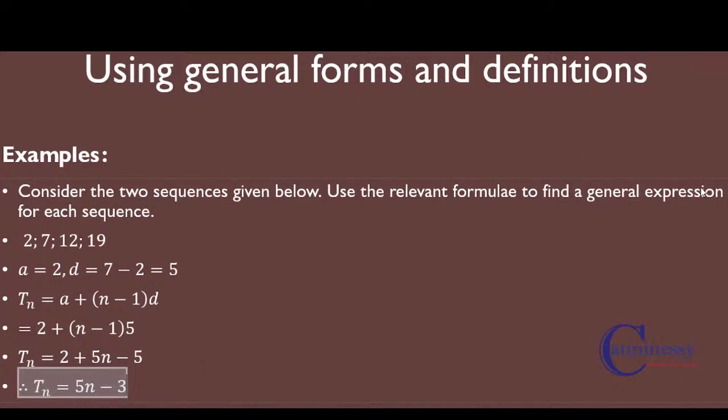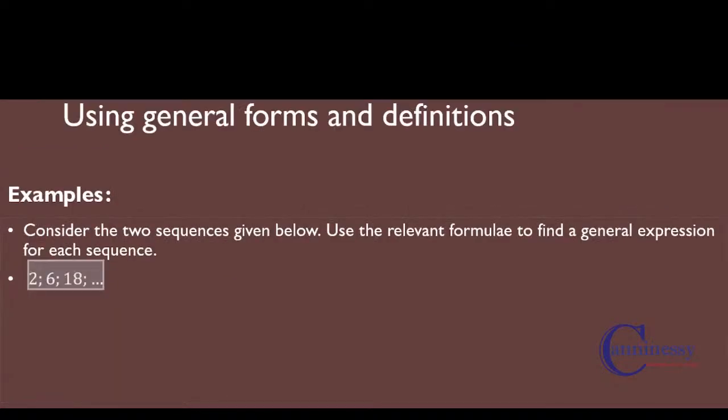All right, let's go to the next example. So we have example 2. We're still using general forms and definitions. So consider the sequence below. Use the relevant formula to find a general expression for the sequence.